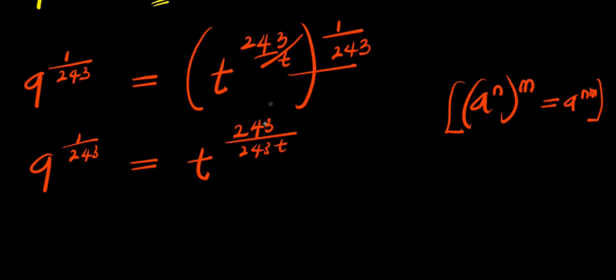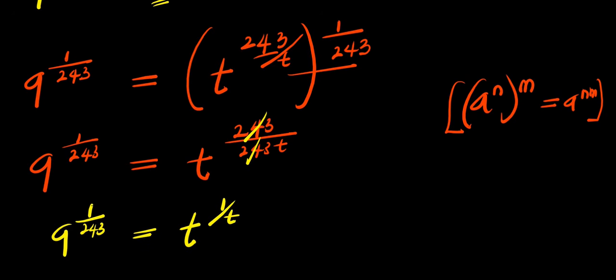So right now, let's cancel this. What I'm going to have will simply be 9 power 1 over 243 equals t power 1 over t.